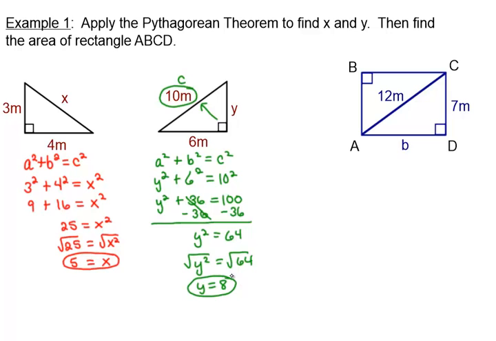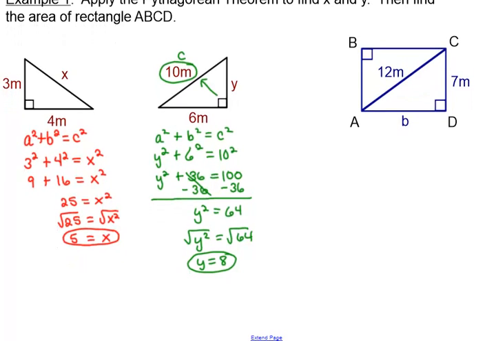Okay. Alright, and my third example is I want to find the area of this rectangle. Before I can do that, to find the area, I need length times width. So I need to find b. So in order to find b, we got to use the Pythagorean theorem because we have a missing leg. So a squared plus b squared equals c squared. Well, we'll let a equal 7 in this case. We'll let b be itself. And c will be 12. This is 49 plus b squared equals 144.